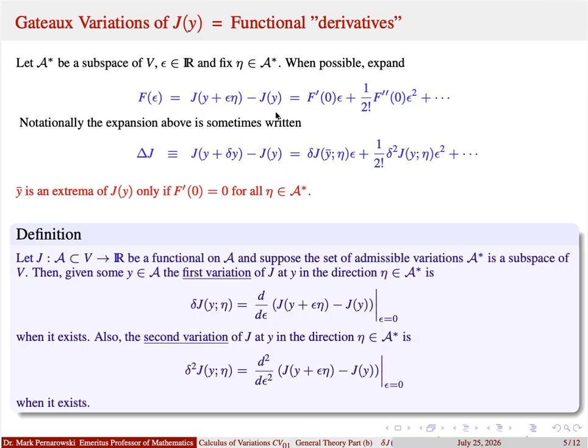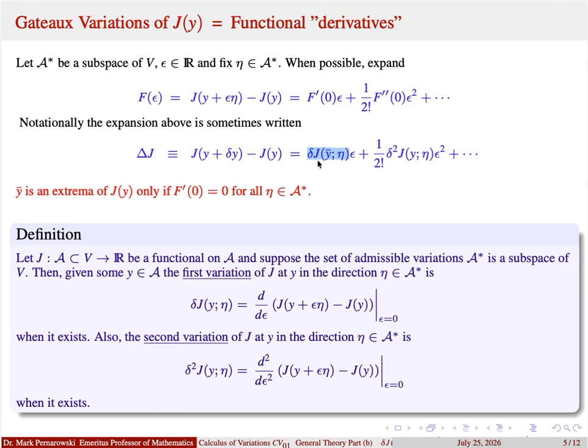People in different books write all this in a different notation. They would write this top statement equivalently in the following way. The change in the value of J between this altered y minus J at y is equal to something here.